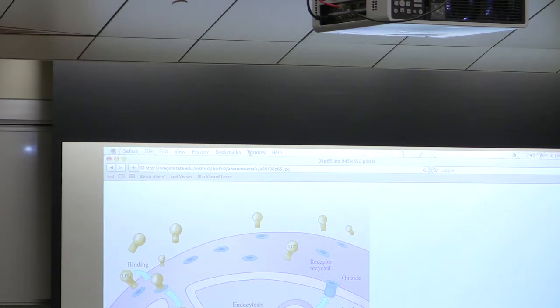LDLs are carrying this cholesterol. They're carrying this fat. They're carrying these fat-soluble vitamins. They're floating around your bloodstream, and they need to get into a cell. Your cells want to get this stuff, and so they have on their surface things called LDL receptors. These are various proteins on the surface of cells that will, as you see here, bind to an LDL.